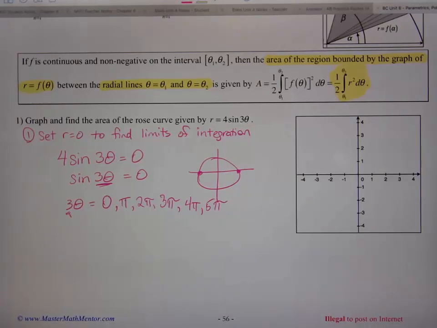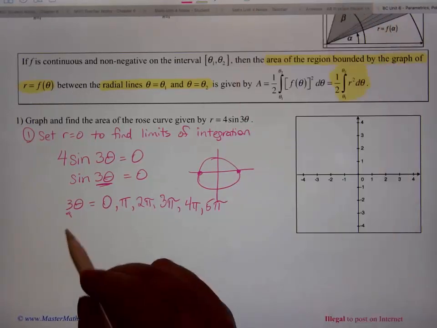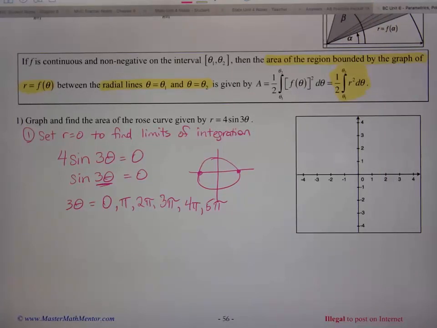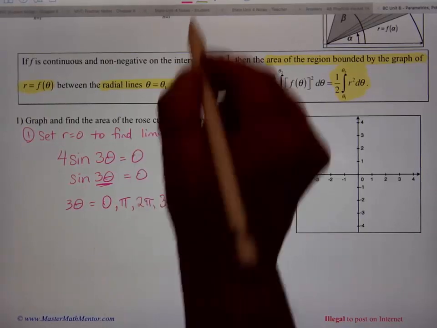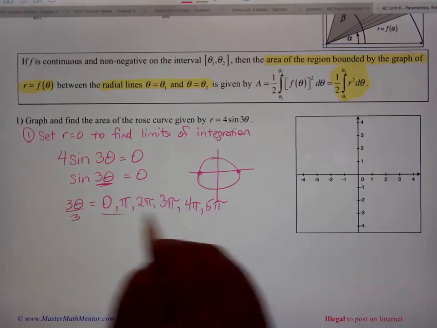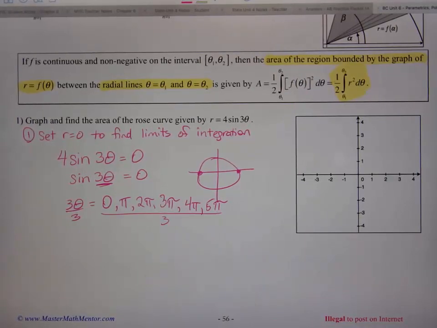Okay? Now that I've gone around 3 times, how do I solve for theta? How do I get the 3 off the theta? Divide by 3. The reason I have to go around 3 times is because if I don't, I'm not going to get all the answers.